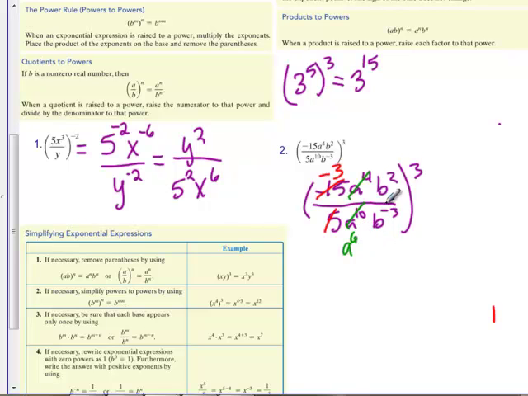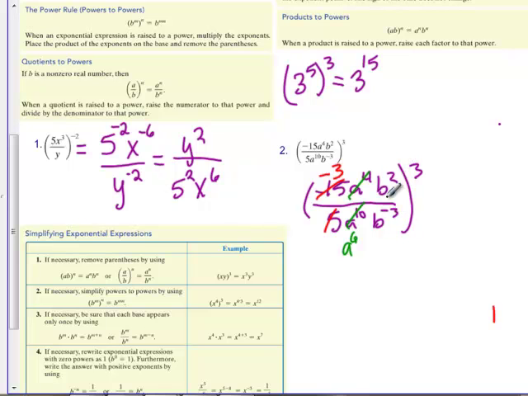Now this one's a little tricky. So I got b squared over b to the negative 3. So it's b to the 5th. I heard the answer in the back. Because if you do 2 minus negative 3, that's the same as 2 plus 3, which will give you the 5.